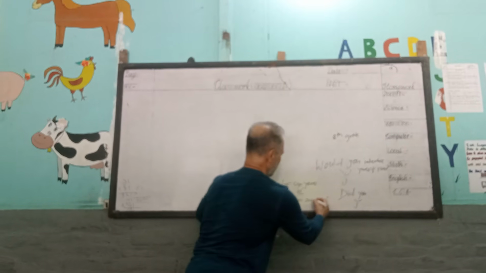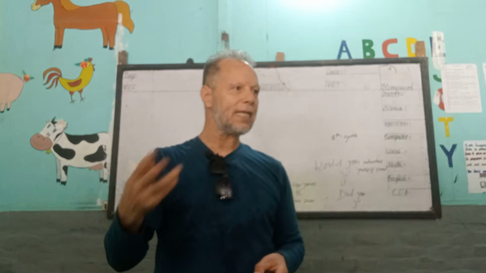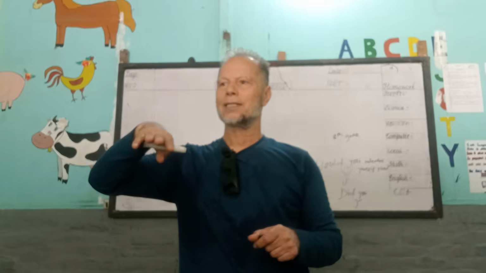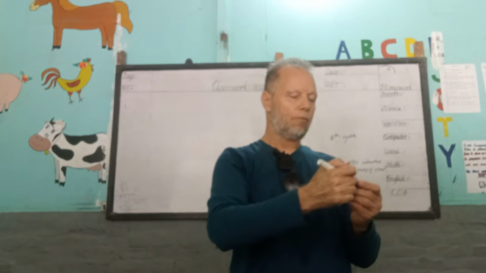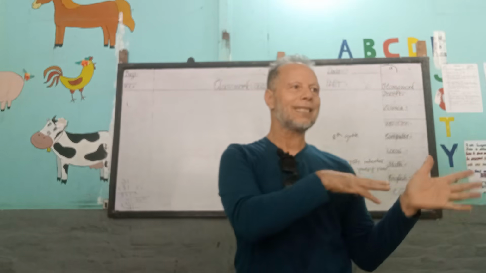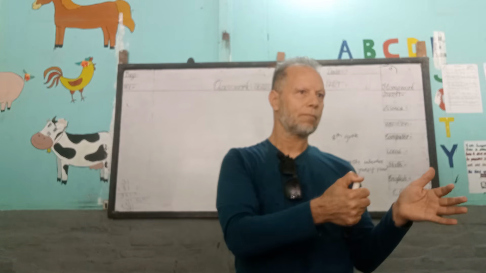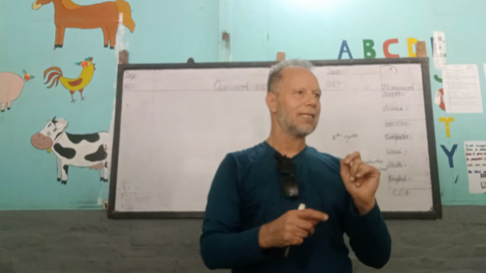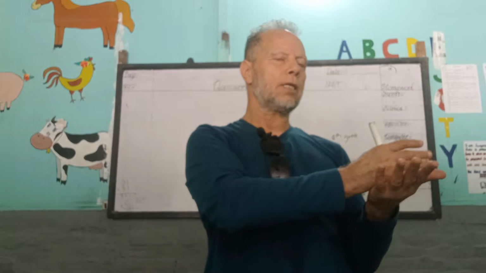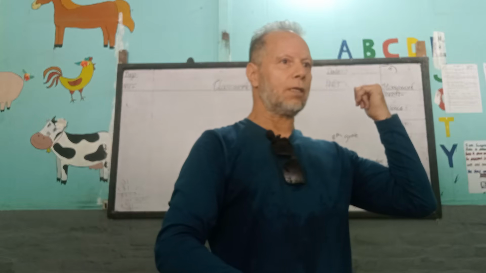Again, 2020 with a T is British. 2020 with no T, there's a T, but the T is silent. That's American. For 6 years, or since 2020. The difference between since and for: since talks about a specific day. Since last Monday, or for the last 2 days.